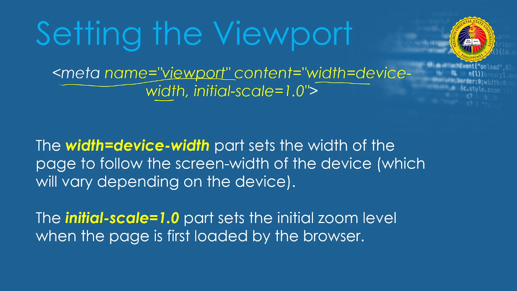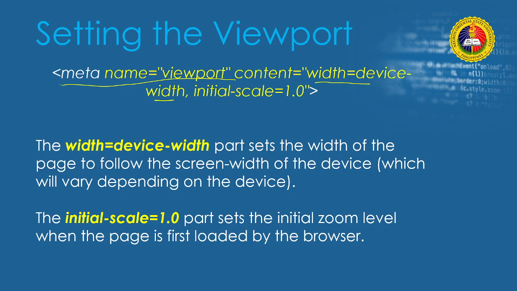This part sets the width of the page to follow the screen width of the device. Since we don't know the device that the viewers are going to use, for example, I'm using a smartphone here to view Facebook. Maybe when you view Facebook, you're going to use a much smaller device or a much bigger device, or maybe you'll be using a computer.